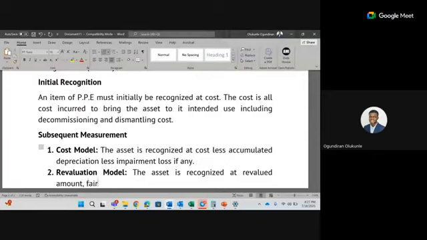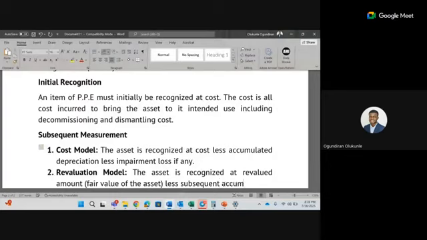So it's recognized at fair value, less subsequent accumulated depreciation.